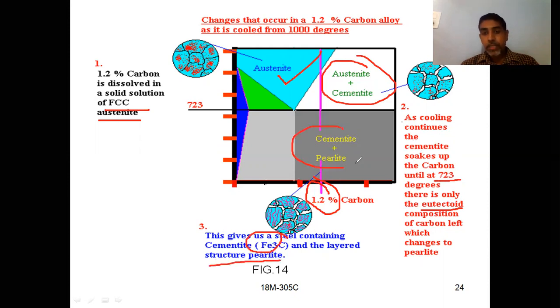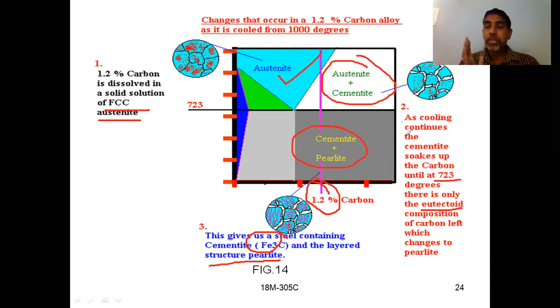So you have to understand that for a particular composition, as the cooling takes place, you are having different structures. This is our aim here. What we have to learn from this diagram is not just austenite, or austenite plus cementite, or cementite plus pearlite.